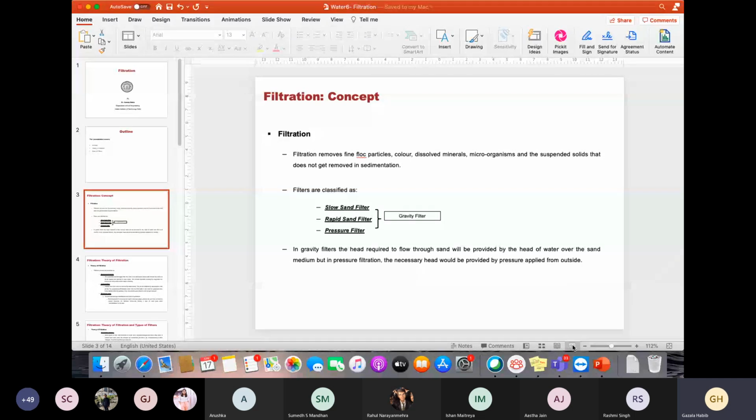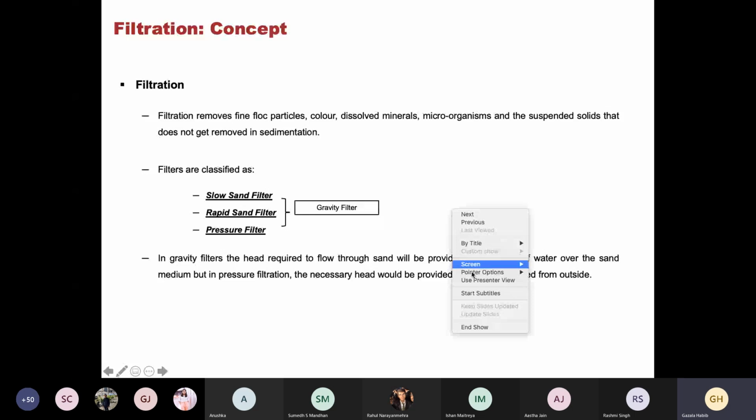So filtration, after sedimentation, basically coagulation and sedimentation, the third unit process in water treatment is filtration. The aim of this treatment process is to remove not only the flocs or colloidal particles, but also, to a major extent, bacteria.